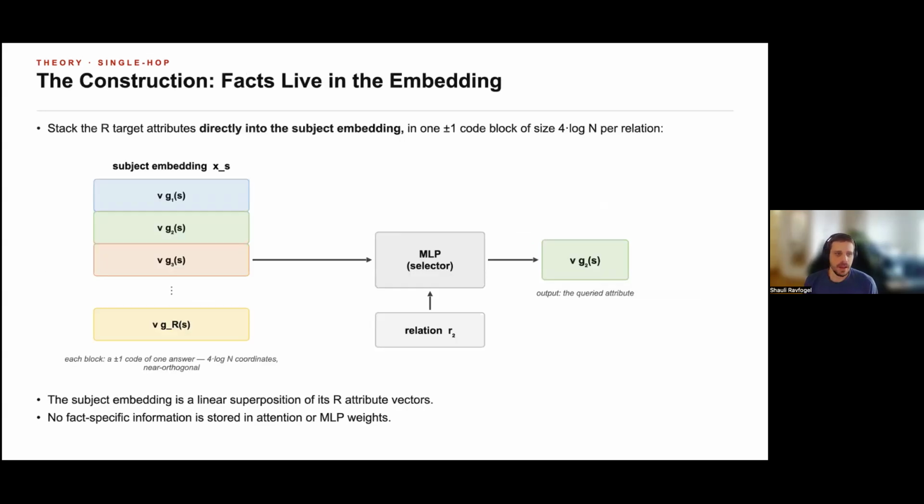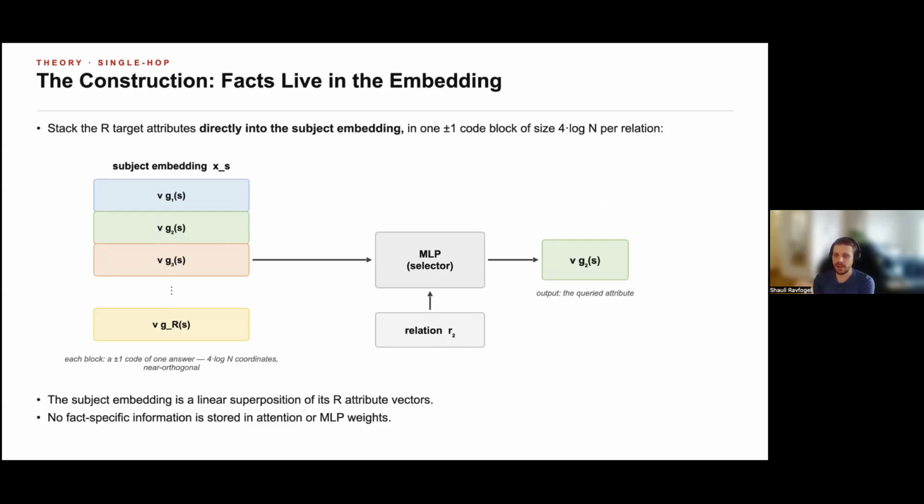Okay. So what is the construction? As I mentioned previously, we can have this very simple structure where the embedding of a particular entity, or subject S, is just a concatenation of small subvectors that represent the answers under each possible relation.